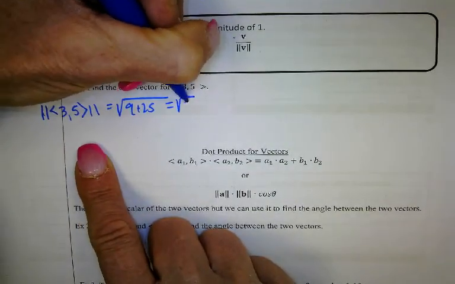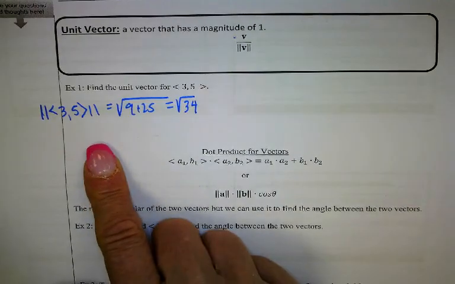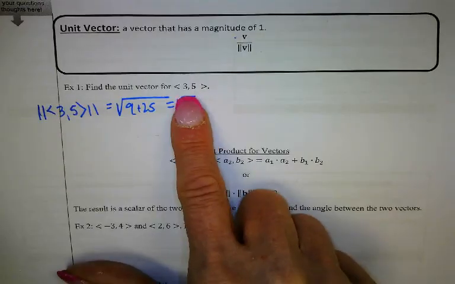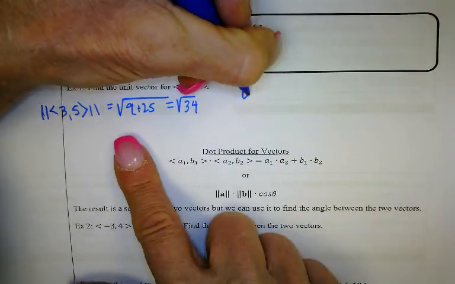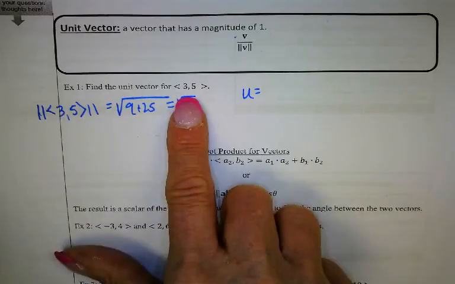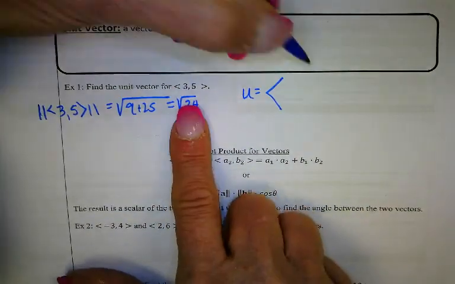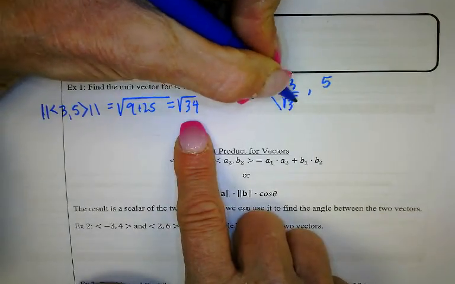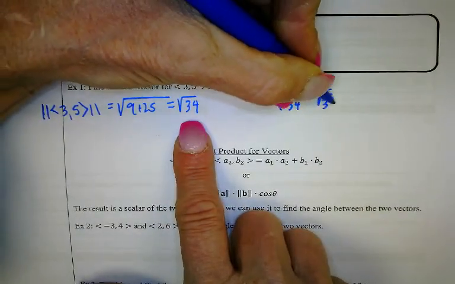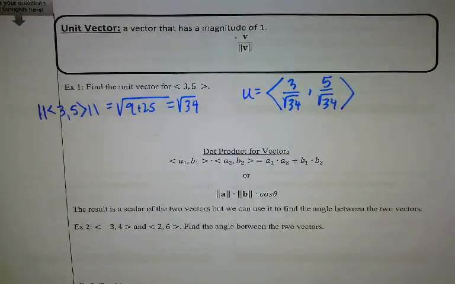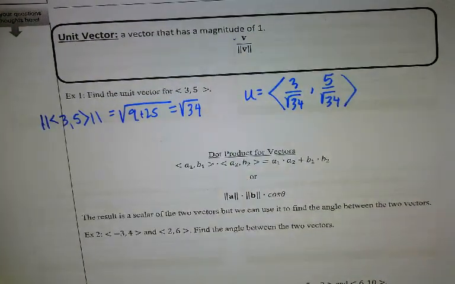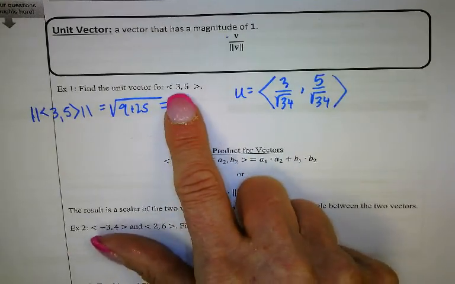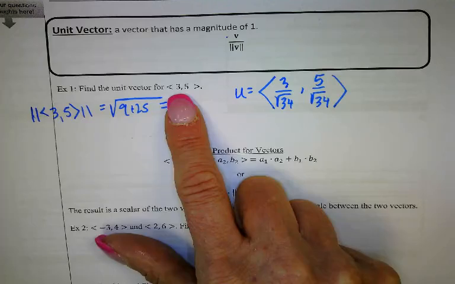All I have to do to find the unit vector, sometimes we just say the unit vector is u, for this vector is I'm going to take each component and divide it by the square root of 34. And there's my unit vector. So the way the problem is usually worded is find a unit vector in the direction of this vector. Well, if you keep this same vector and make it a unit vector, it's automatically in the same direction.